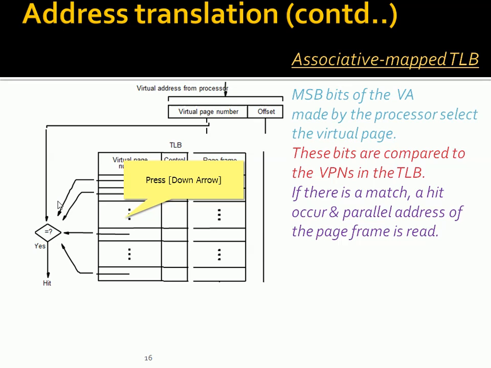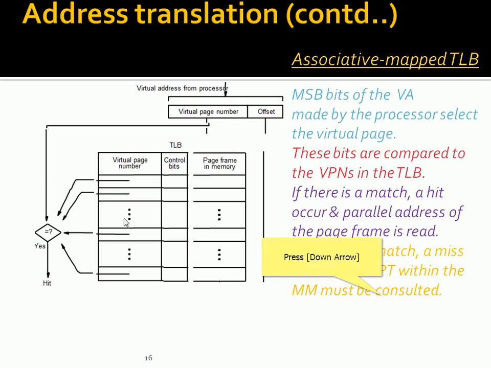If there is a match, a hit occurs and the page frame address is read. There are several page numbers, and any one of them may match, which indicates that the page is available in the main memory. If there is no match, then that is a miss, meaning it is not available in the main memory.